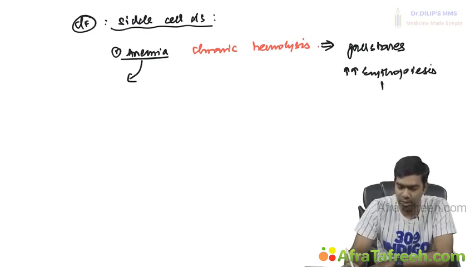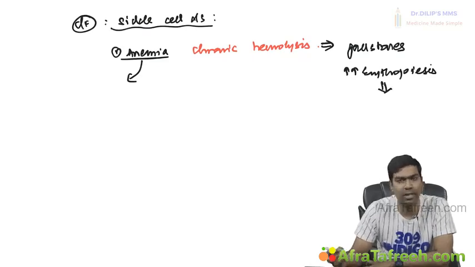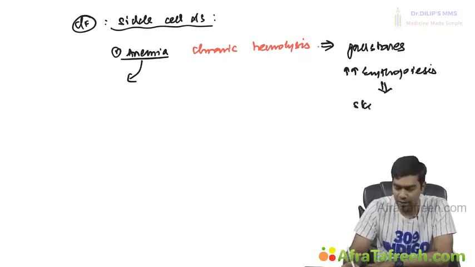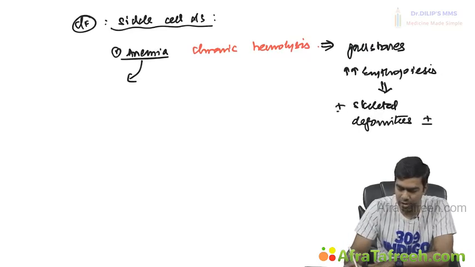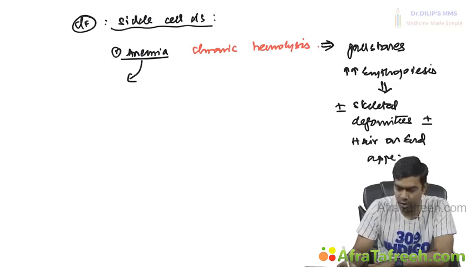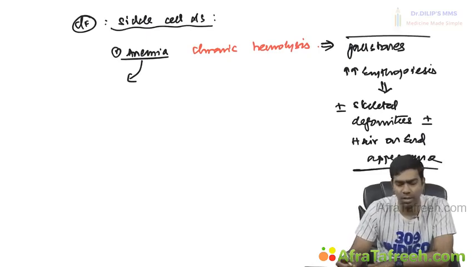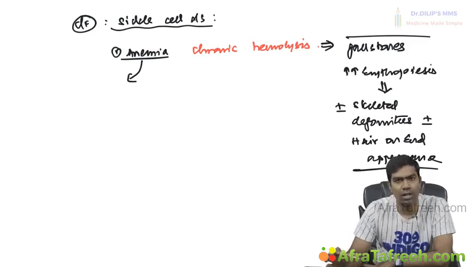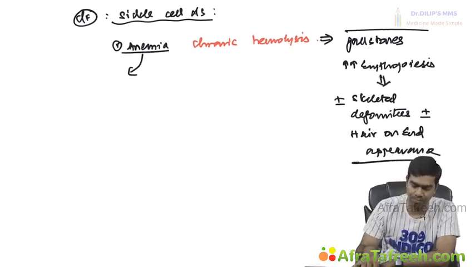Because of increased erythropoiesis within the bone marrow, they might result in skeletal deformities, as well as a characteristic hair-on-end appearance, otherwise called crew-cut appearance. One of the important DDs for crew-cut appearance is sickle cell anemia as well, not so common, but still possible. That is all due to chronic hemolysis resulting in accelerated erythropoiesis within the bone marrow.